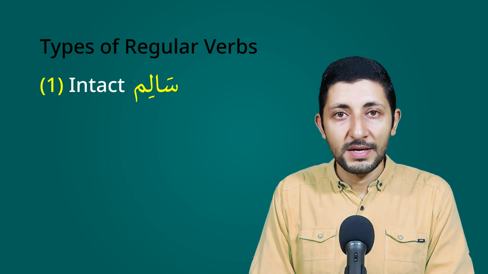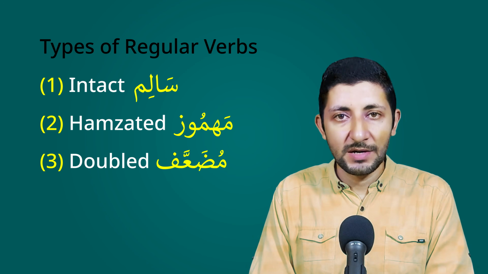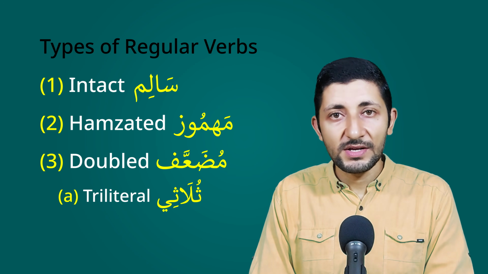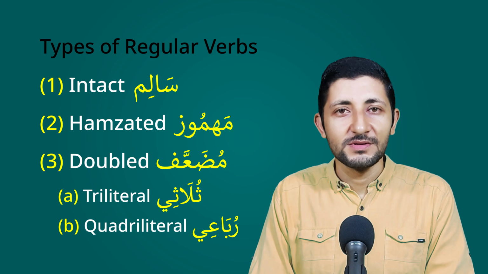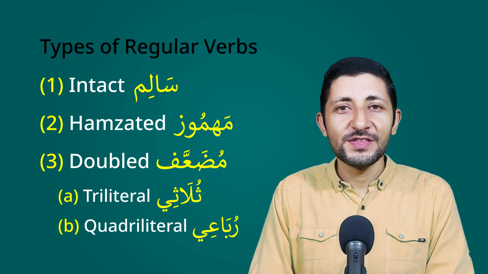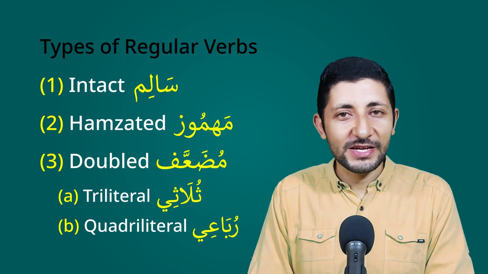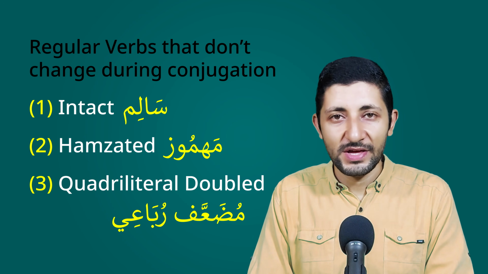Sound or regular verbs in Arabic have three main categories as we explained in the previous lesson: salim, hamzated, and doubled, which has two further subgroups: triliteral doubled and quadrilateral doubled. Fortunately, three of these categories are completely straightforward in their conjugation.